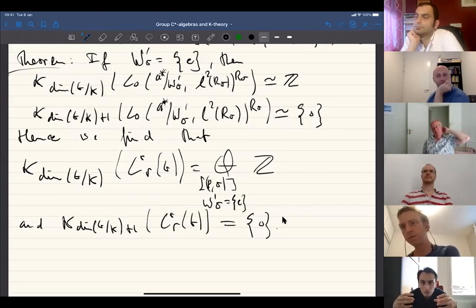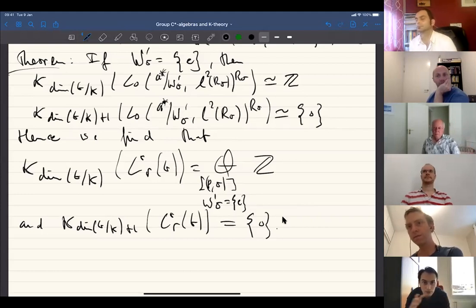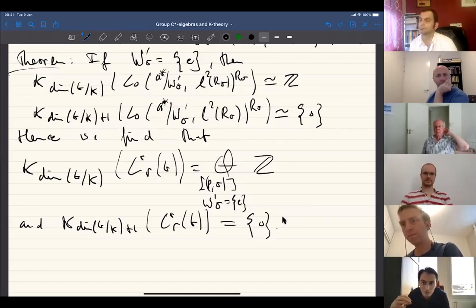So the thing is not completely rigid up to Morita equivalence when you deform one group into the other. But there are filtrations whose subquotients are completely rigid up to Morita equivalence in the deformation. These ideas are completely due to Nigel Higson, and I just filled in the general details.